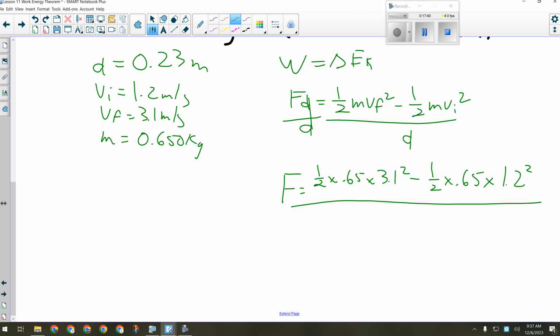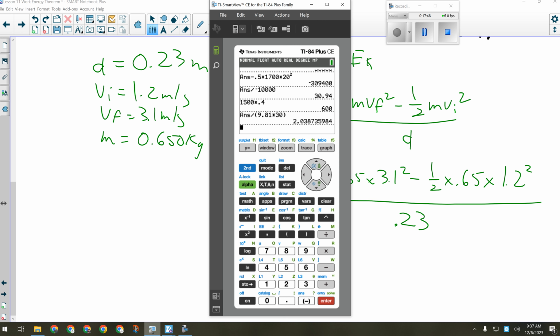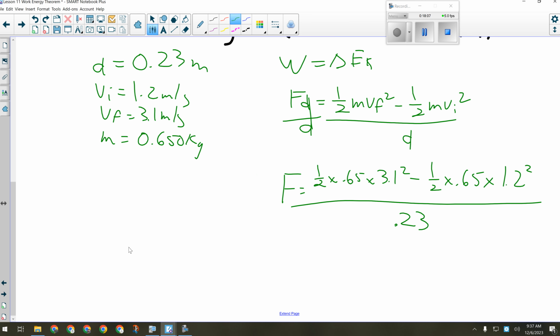Okay, and then divide that by 0.23 meters. All right, so that means we would have had to use, to 2 significant digits, 12 newtons worth of force.